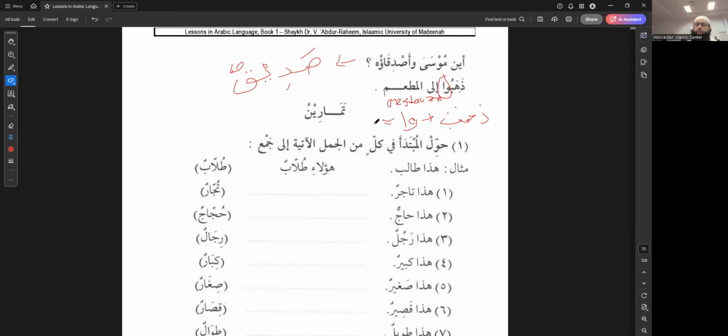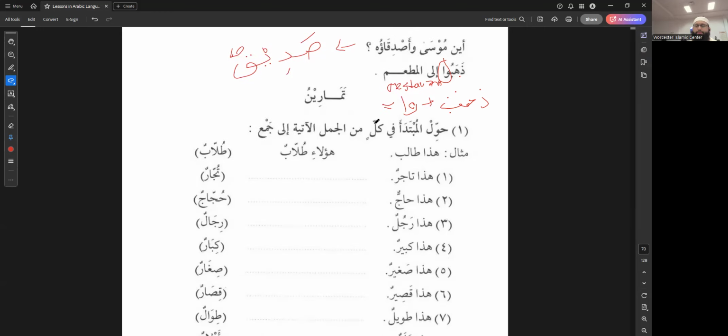Dhahabu, they went. Dhahaba, he went. Dhahabat, she went. Dhahabta, you masculine went. Dhahabti, you feminine went. And dhahabu means they went.